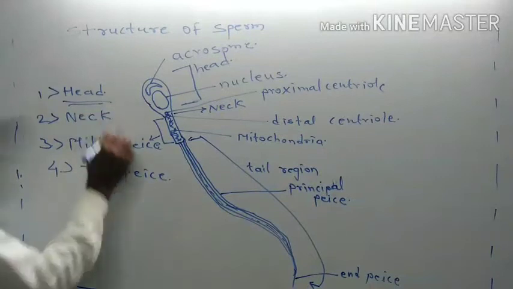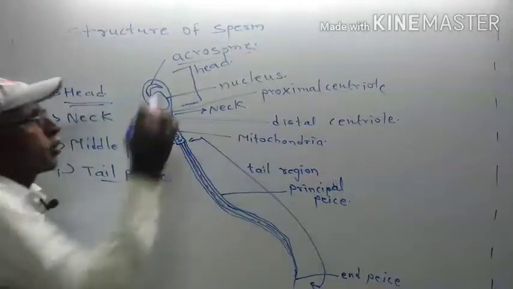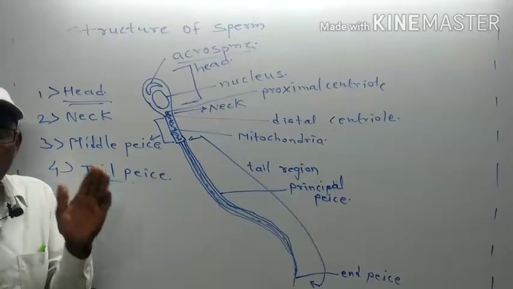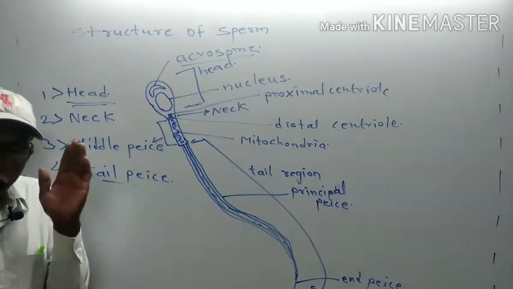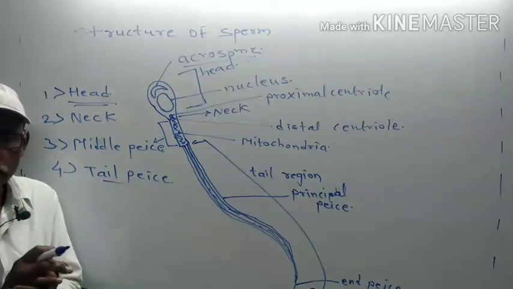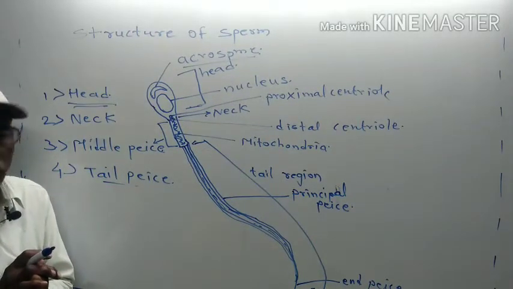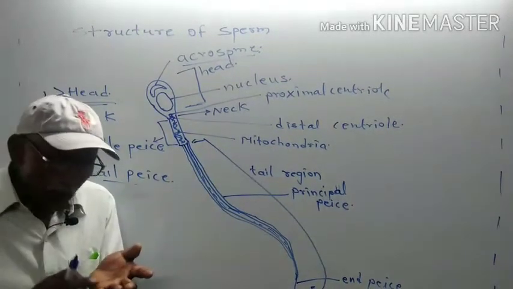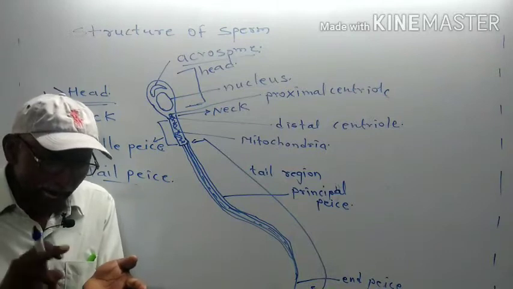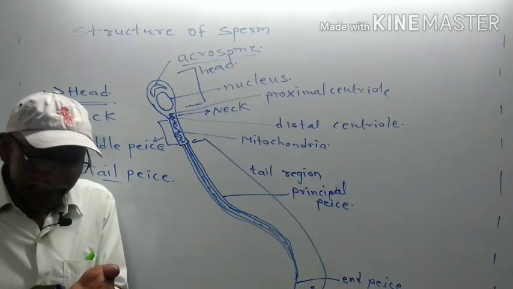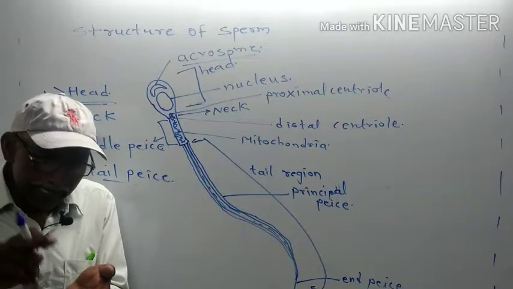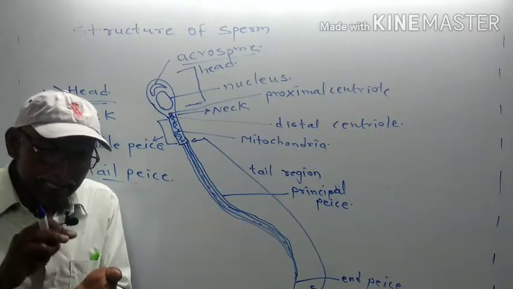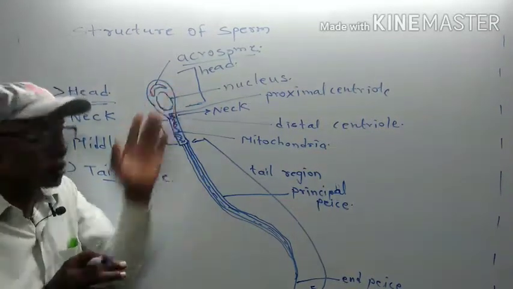First, head region, acrosome. What actually is acrosome, and what is its role? Acrosome has a very important role during the fertilization process, because it secretes hydrolytic enzymes, proteolytic enzymes, corona penetrating enzymes, and zona lysin enzyme.